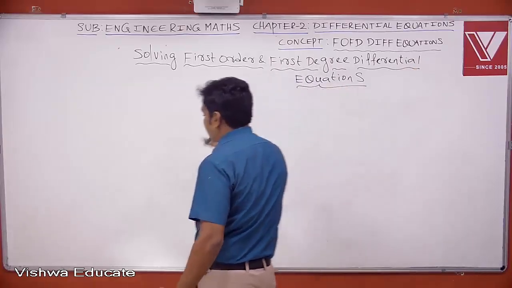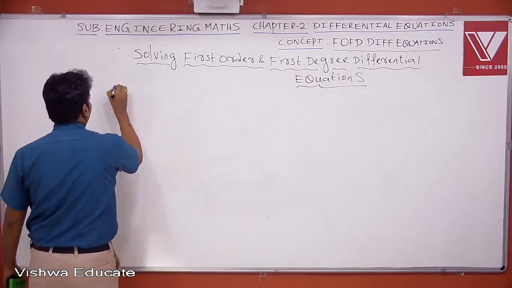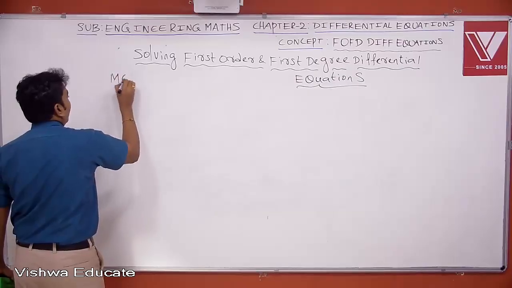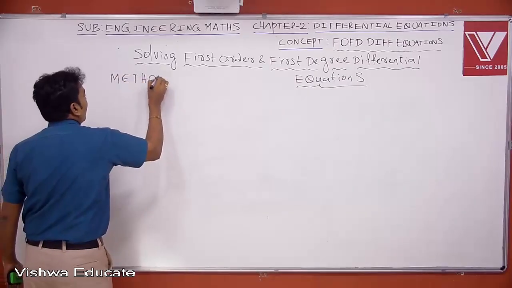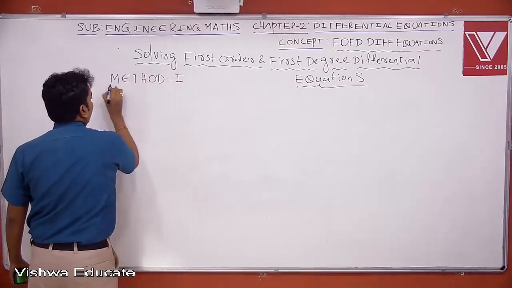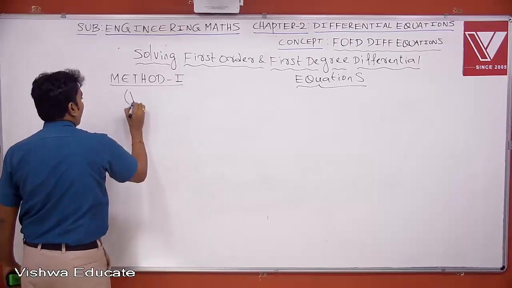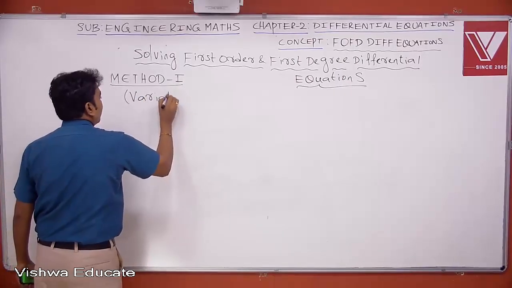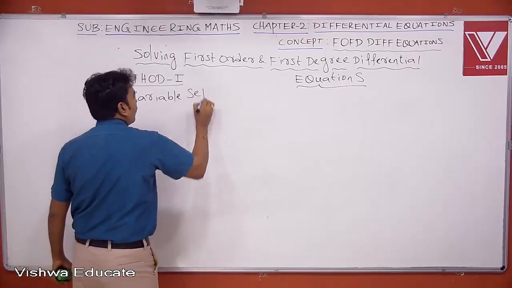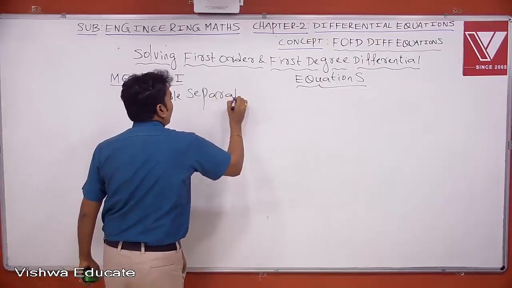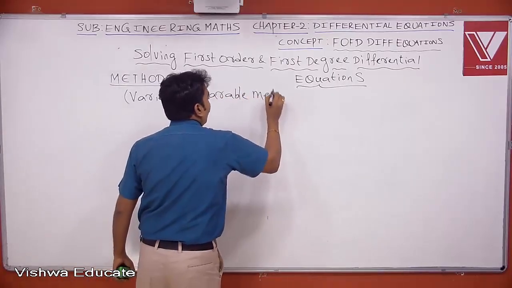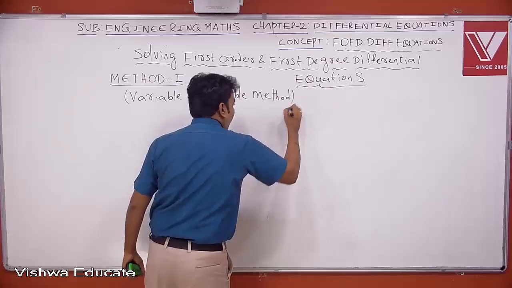We have different methods. Let us discuss the first method. The name of this method one is the variable separable method. Variable separable method, very important.